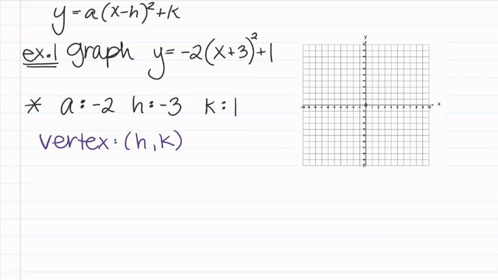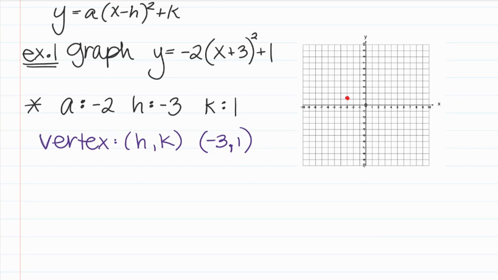That's just to start creating muscle memory and get you to remember these important pieces, because this is going to show up over and over the next few years for you. So my vertex is (h, k), which becomes (-3, 1). So I can go plot that point, (-3, 1).